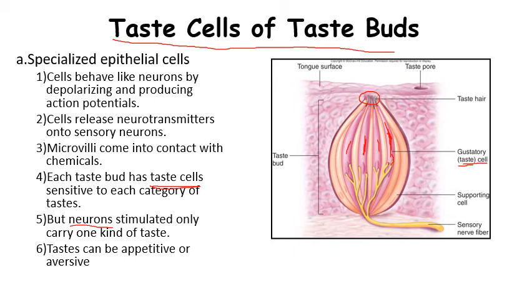What we're going to see with these tastes is they can be appetitive, where some will induce you to want to eat more of it, or aversive, where if you eat a certain chemical, you will be averse to eating more of it. We're going to see which tastes are considered appetitive and aversive.